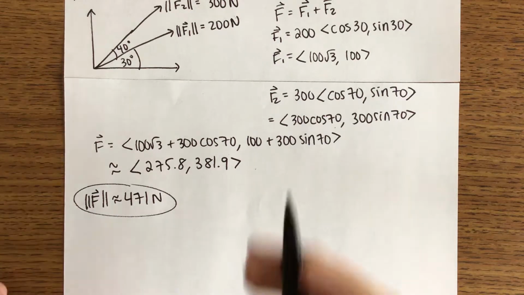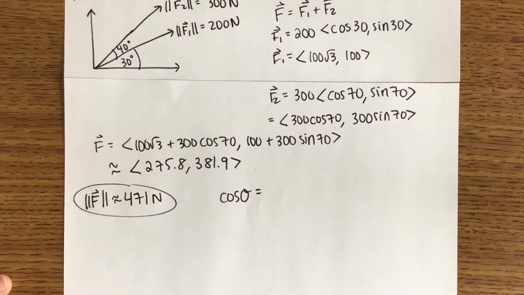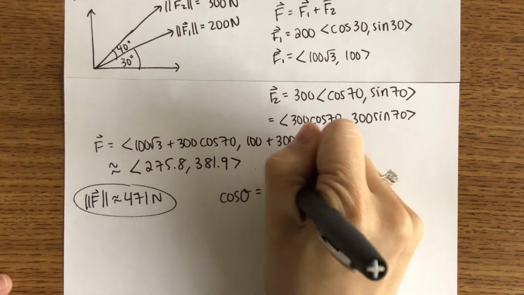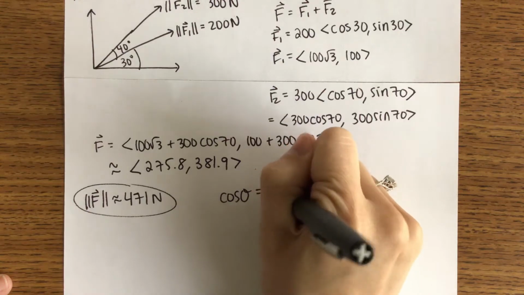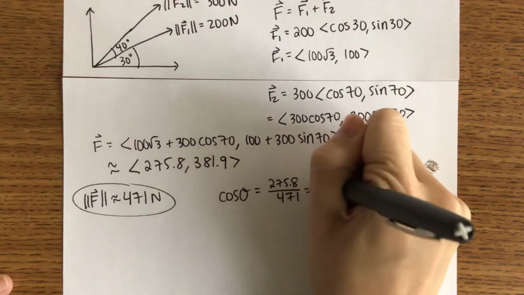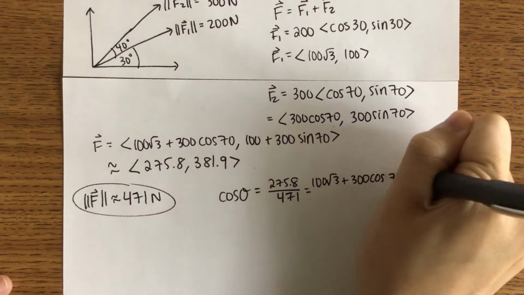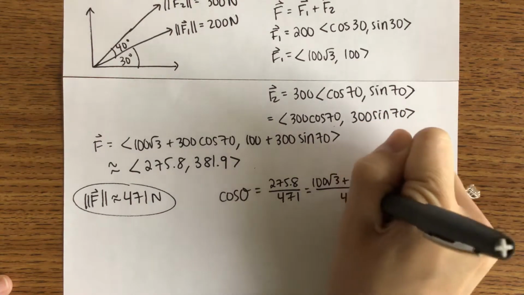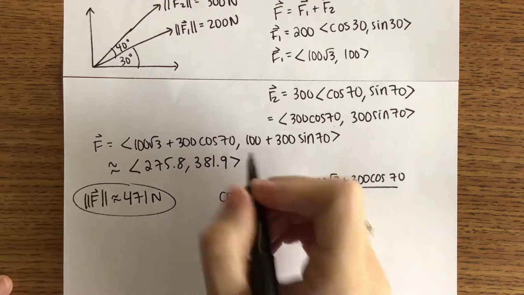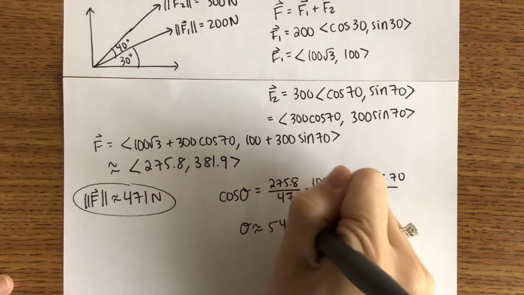So what we can do then is we know that the cosine of theta is going to be this number divided by the magnitude. Please don't use the rounded value though, use that 100 root 3 plus 300 cosine of 70. We could also do sine, I just chose cosine. That theta is going to end up being 54.2 degrees.